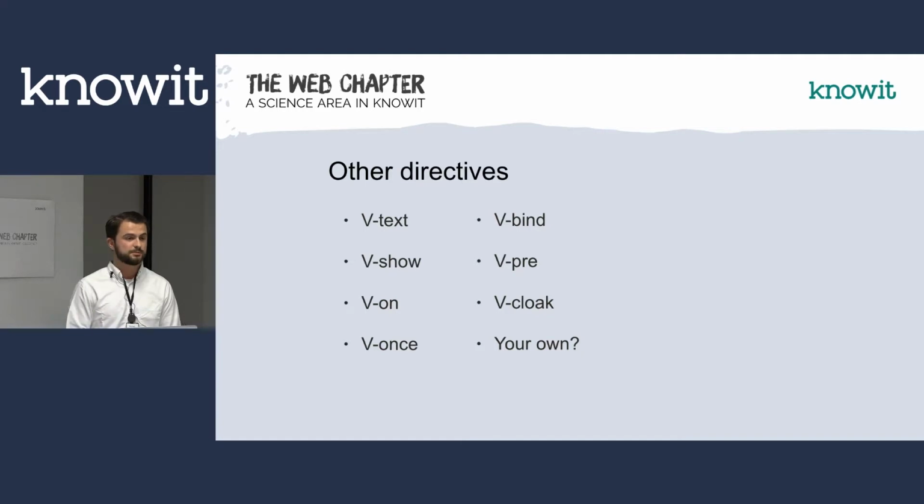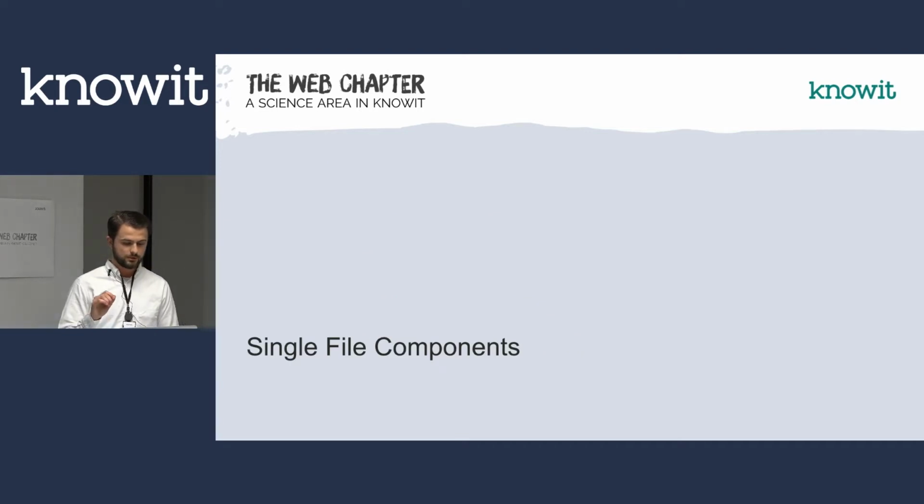And of course, it's possible to make your own directives. You just make a function with the name, and then you prefix it with v- in the HTML code, and it just runs the function. So then we have more advanced stuff that Vue.js really likes people to use in big projects, which is a single file component.